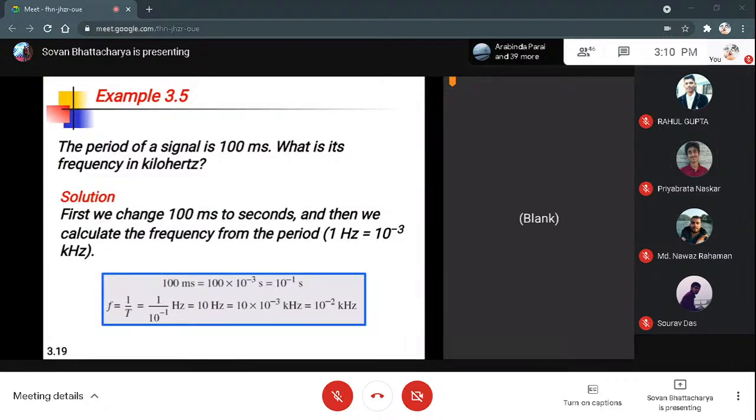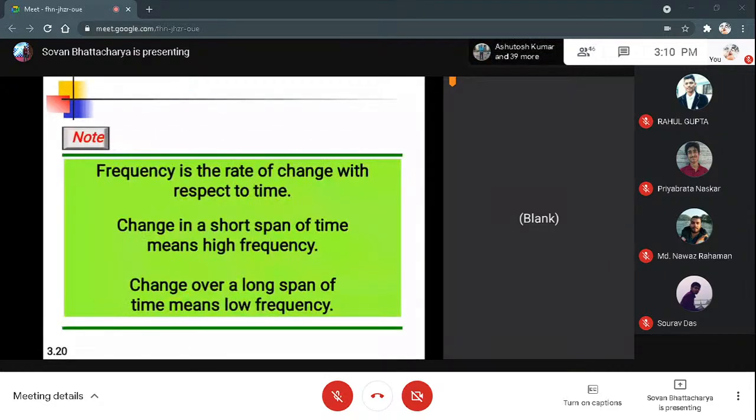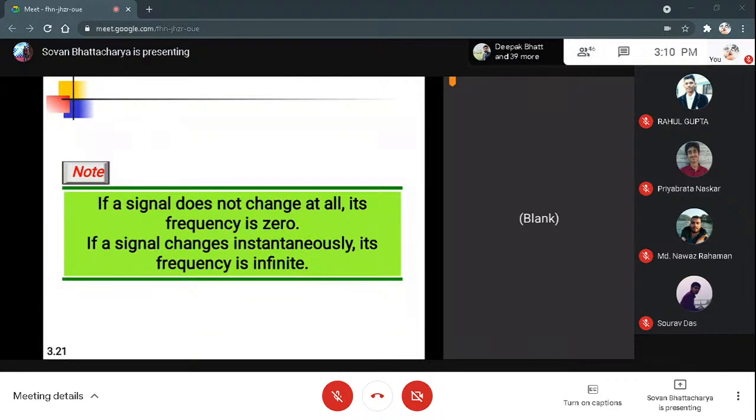Same as the previous one, that was the time period, and this one is the frequency. Frequency is the rate of change with respect to time. If the signal does not change at all, its frequency is 0.